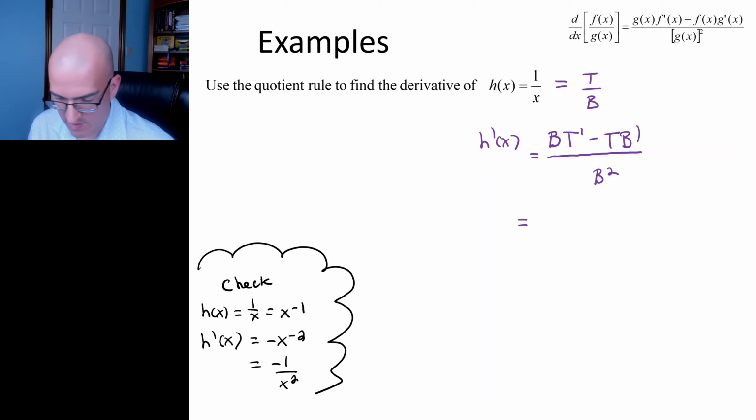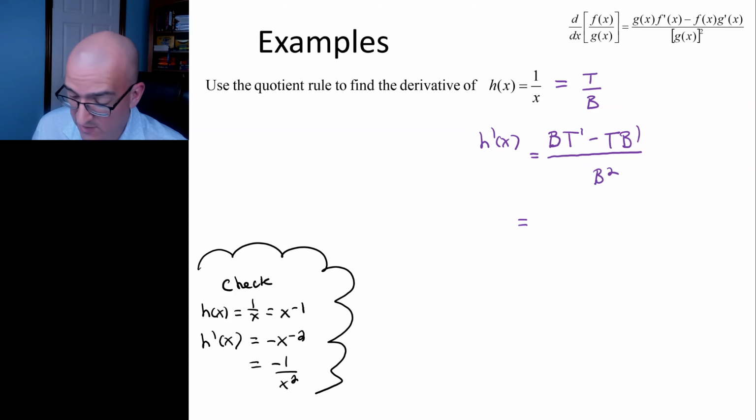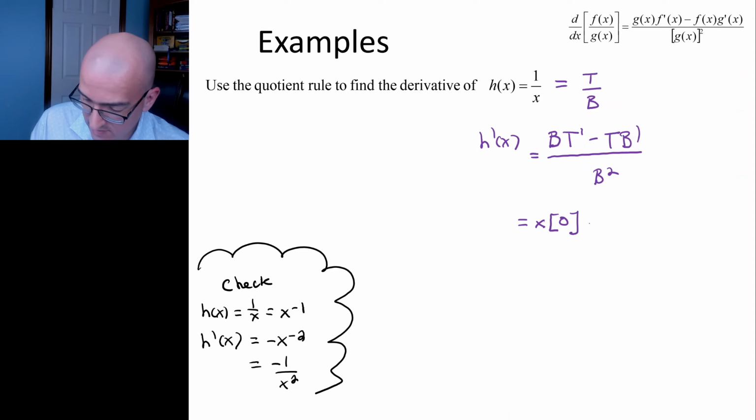Okay. So we gotta be careful. The bottom function is x. T prime, the derivative of 1, is 0 because 1 is a constant. Minus t, 1, times b prime, which is 1. So I'll label these.